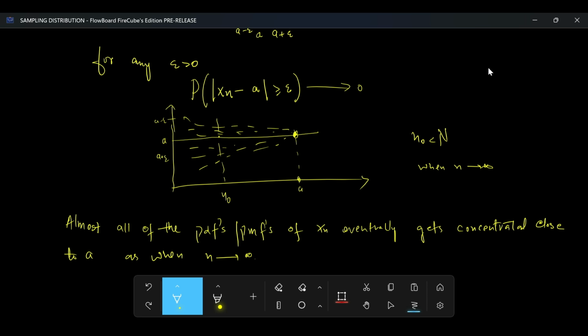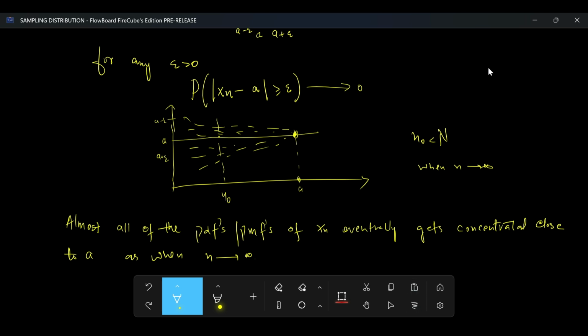So this is the convergence in probability. In convergence in probability, we saw probability of |Xn - a| greater than epsilon. Generally, we take a as the expectation of X in convergence in probability.